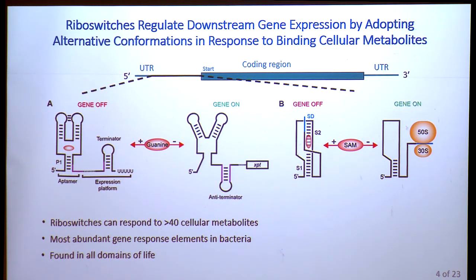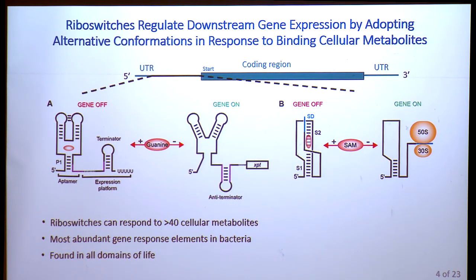When the cellular metabolite reaches a certain threshold in the bacterial cell, the sensing platform of the riboswitch is able to sense this metabolite and bind it, change its conformation, and in this case, for example, this purple region is being sequestered by the specific fold of the riboswitch, and a terminator is formed, therefore no transcription can occur.